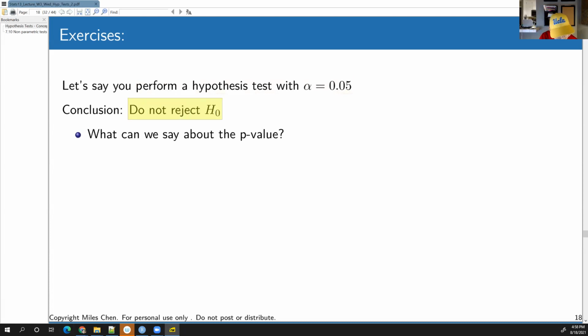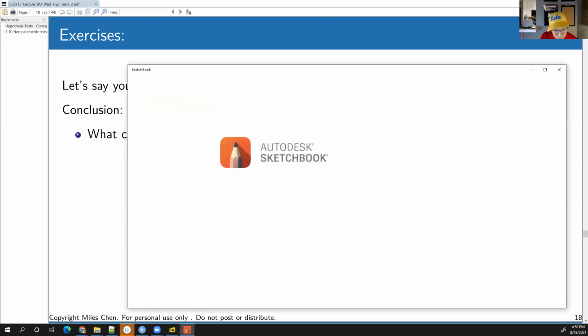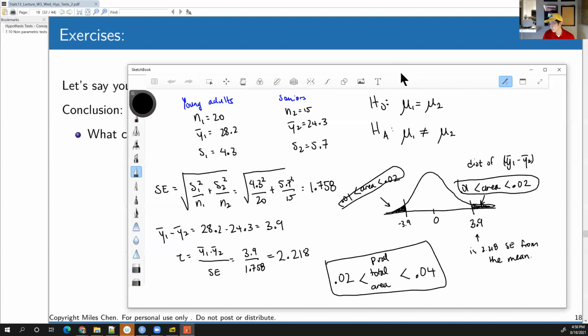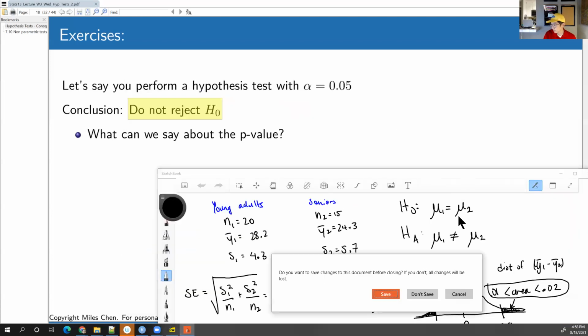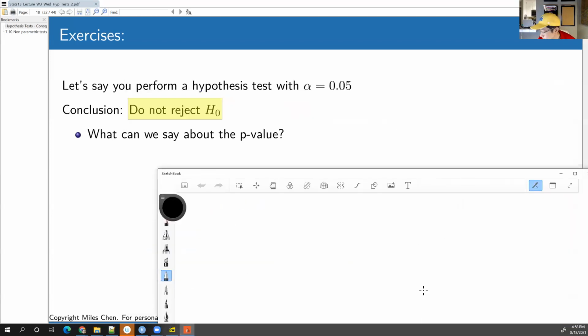So what can we say about our p-value in this scenario? Yeah, that our p-value is greater than alpha, okay?